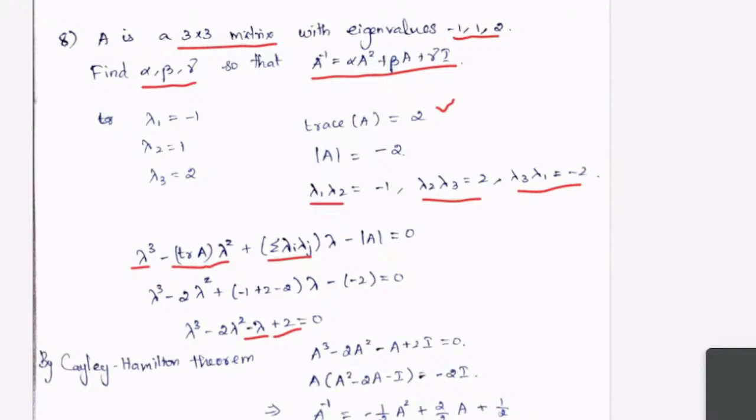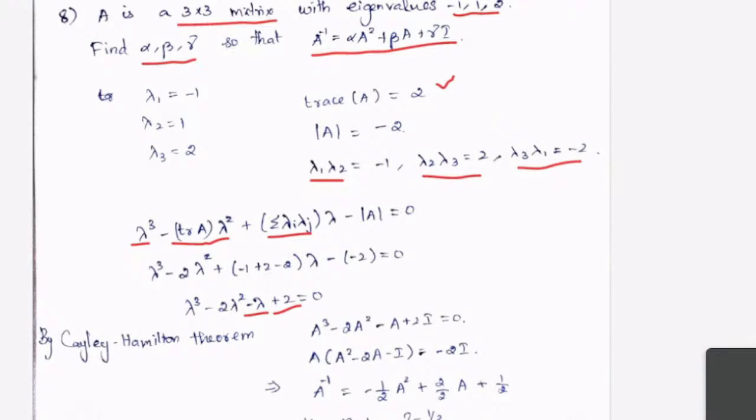By Cayley-Hamilton theorem, every square matrix satisfies its own characteristic equation. So here the matrix A satisfies this equation. So we substitute A instead of lambda. So A cube minus 2A square minus A plus 2I is equal to 0. By taking the matrix A outside, we'll get A times (A square minus 2A minus I) is equal to, taking the 2I to the right hand side, minus 2I.